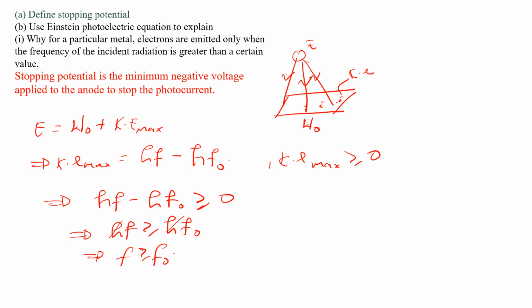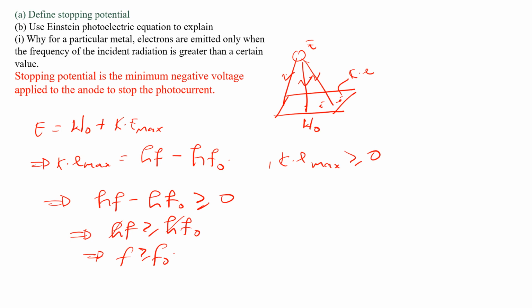So what does this imply? We show why for a particular metal, electrons are emitted only when the frequency of the incident radiation is greater than a certain value. This is how we can derive that from Einstein's photoelectric equation. And we see that the value which the frequency of our radiation should be greater than is the threshold frequency.